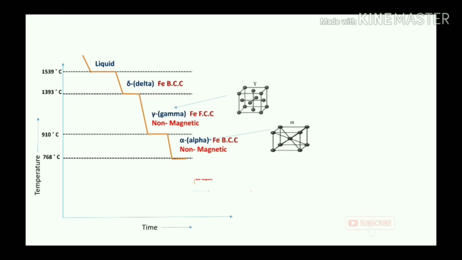So you can see the structure of alpha ferrite, or BCC. After 768 degrees to room temperature, that alpha ferrite will have a BCC structure. If only iron is there, it will produce the alpha ferrite phase.